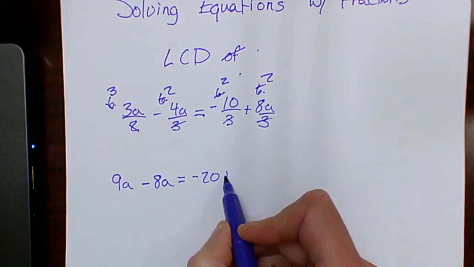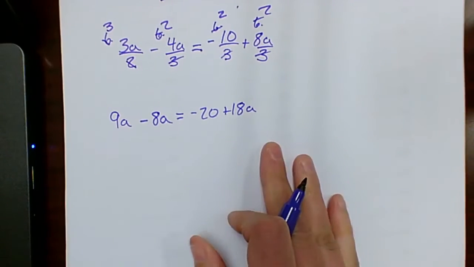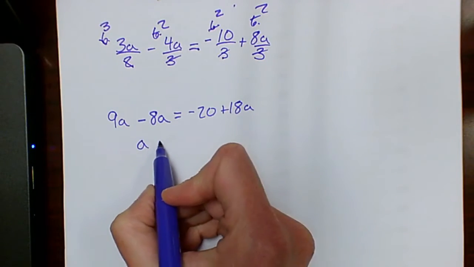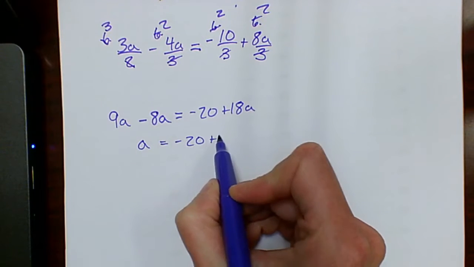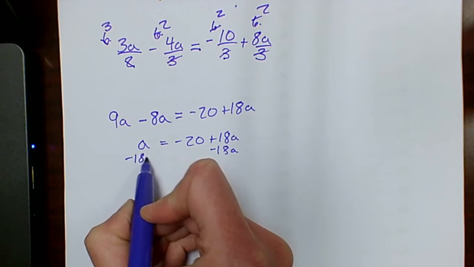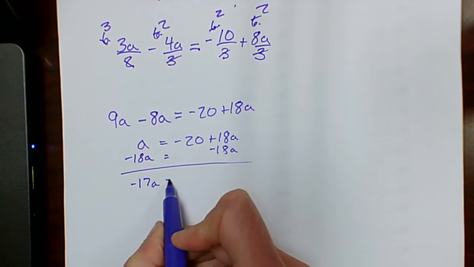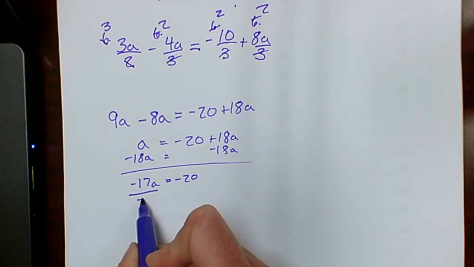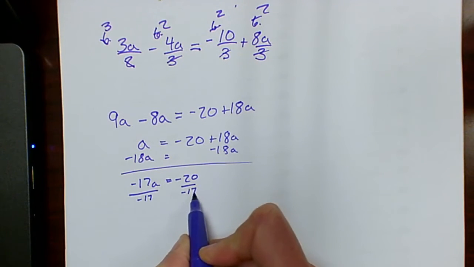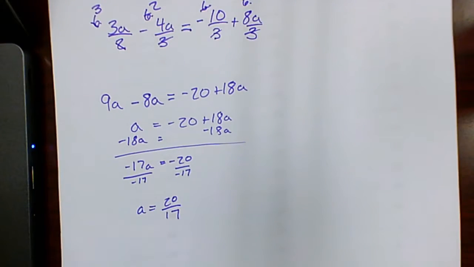And twice again, we'll have 18a. Now you have a linear equation, and you solve like you would. And we're done.